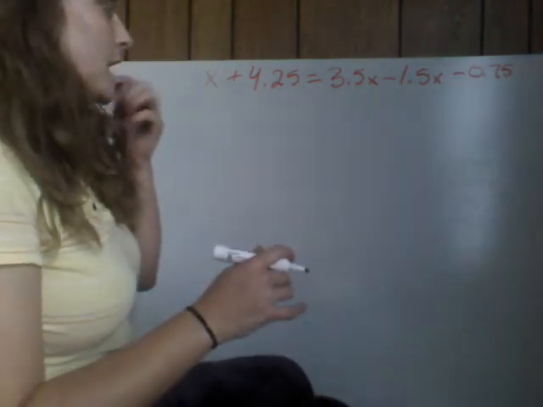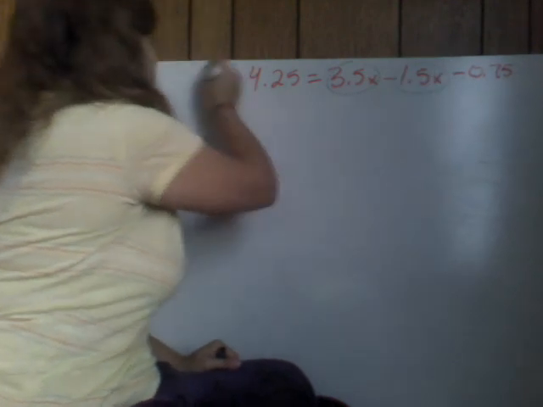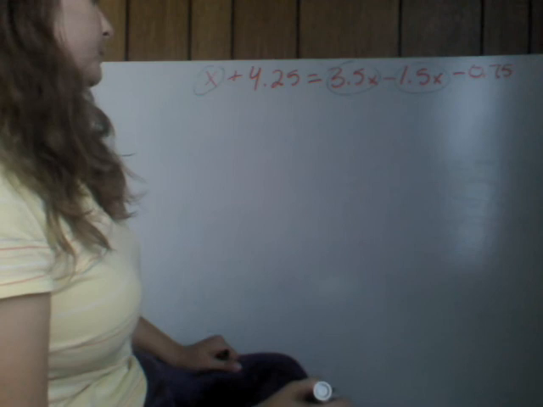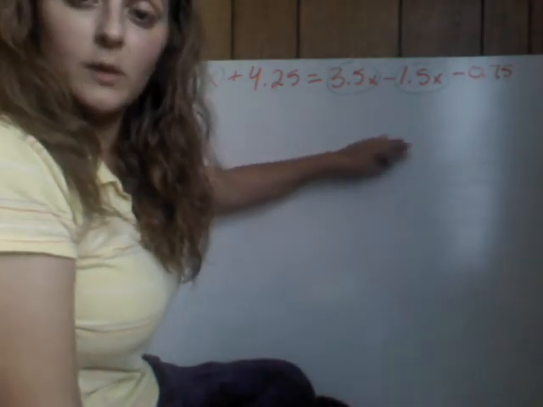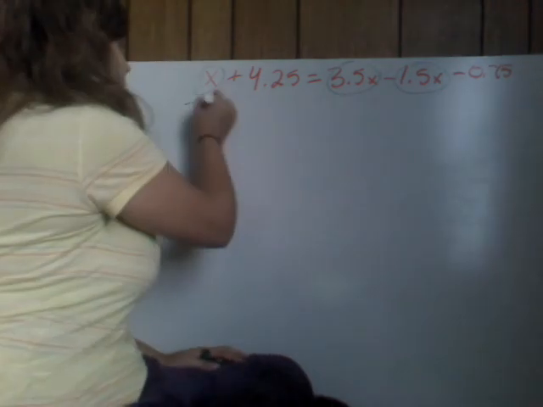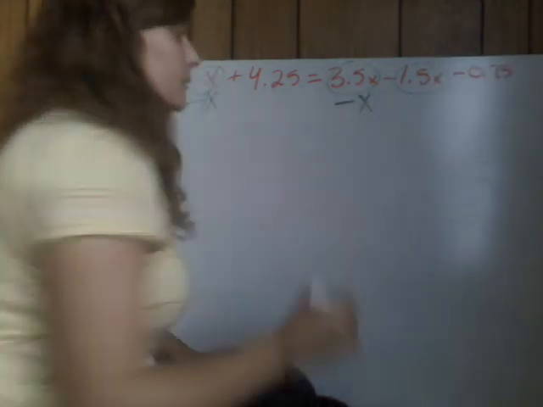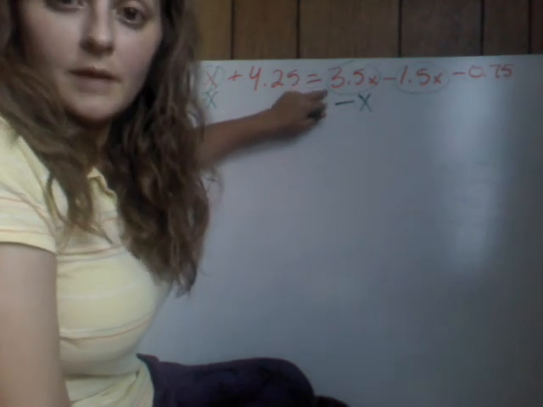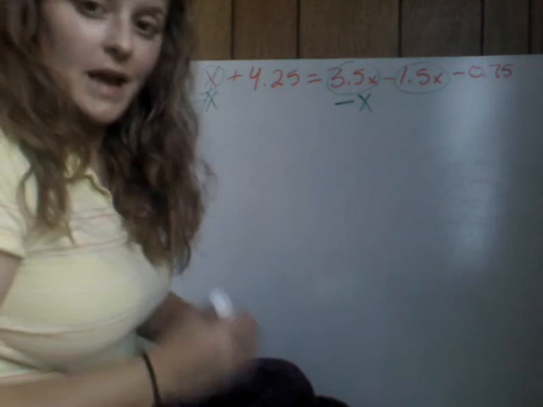I'm going to take this x over here because there's already 2 on this side. You could do it either way, it doesn't matter. So I'm going to subtract my x from this side, so those cancel out, and then subtract x from here. Generally you would line it up underneath what it matches, but since there's 2 of them, it doesn't really matter because I'm going to add them all together anyway.